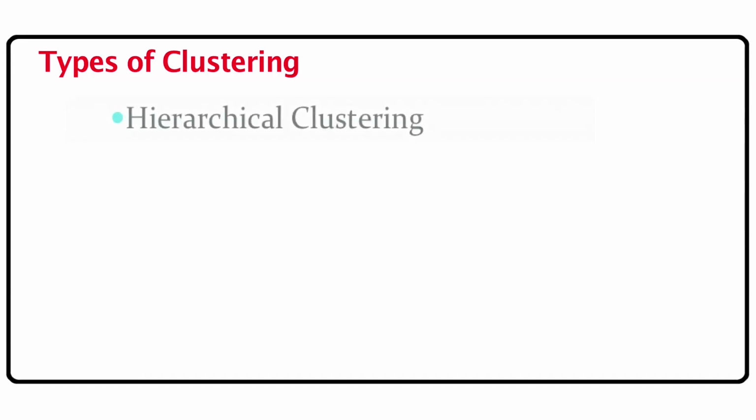There are primarily two major types of clustering that are used. The first of them is hierarchical clustering, where the clusters are formed as a tree. It's very widely used in biological sciences, primarily in taxonomy.